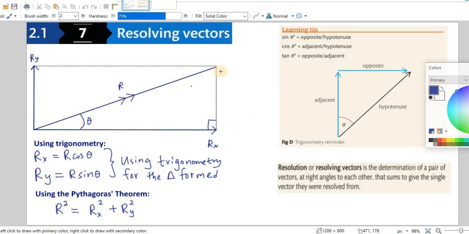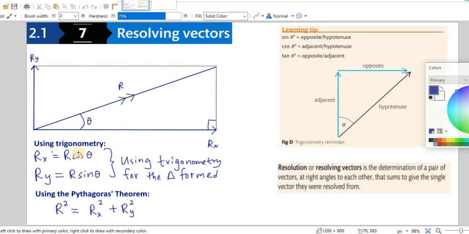So we have this vector and we can form a rectangle like this. When we form a rectangle like this, in this direction, because we can say that is in the x-axis direction, we call it rx. The other one is in the y-axis direction, so we call it ry. Now let's say the angle here is theta.